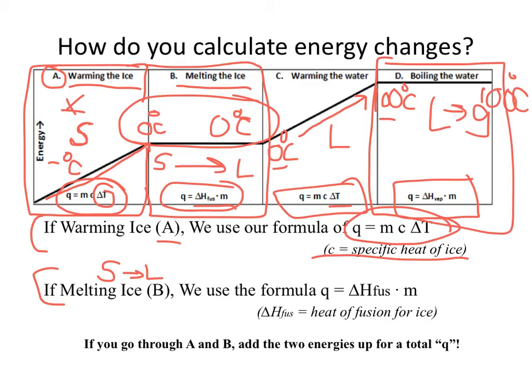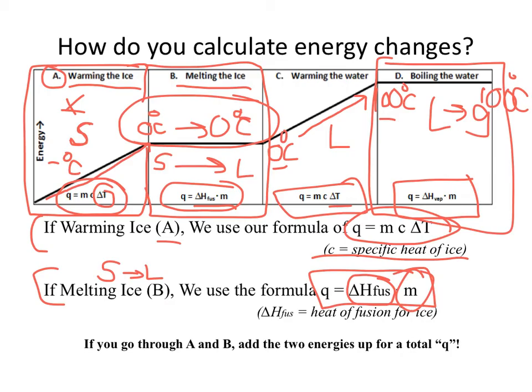Because there's no change in temperature, it's just 0 to 0 degrees Celsius, we would use our equation Q, that's the heat or energy, equals the heat of fusion, which is the number we use when we're dealing with the energy it takes to melt something, times its mass, and that would give us our total energy.